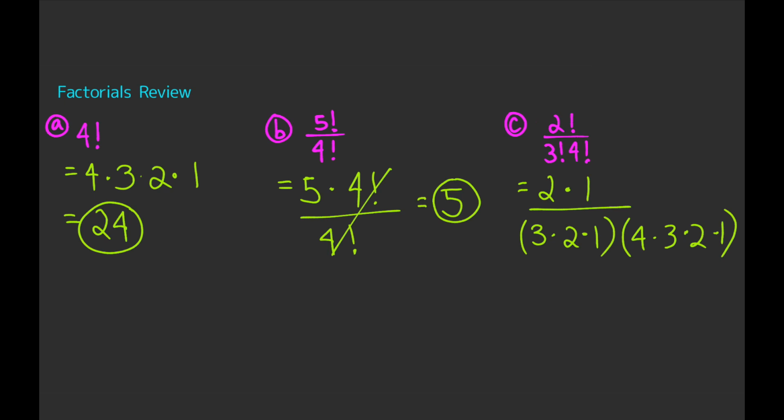So we see that the 2 times 1 in the numerator will cancel out with a 2 times 1 in the denominator. And all we need to do is multiply out the denominator. We're going to have 3 times 2, which is 6. 6 times 1, 6. 6 times 4, which is 24. 24 times 3, which is 72. So our answer is 1 over 72.